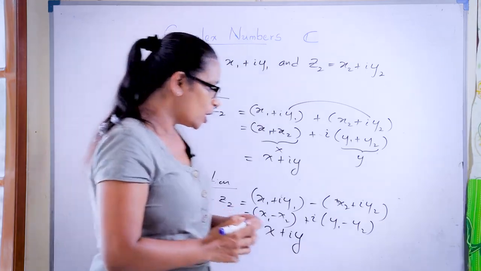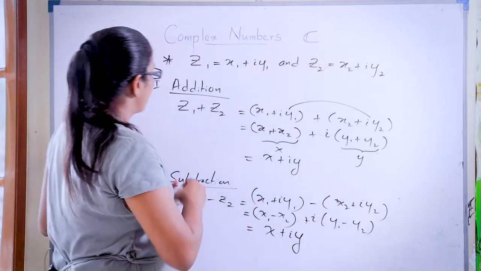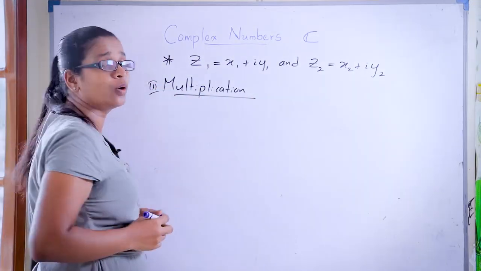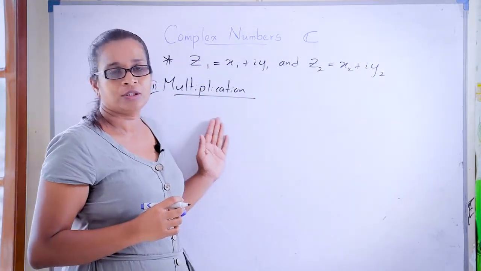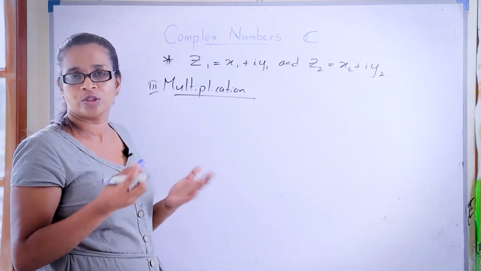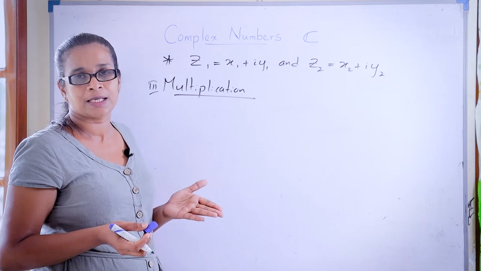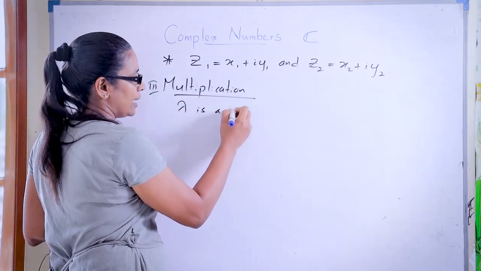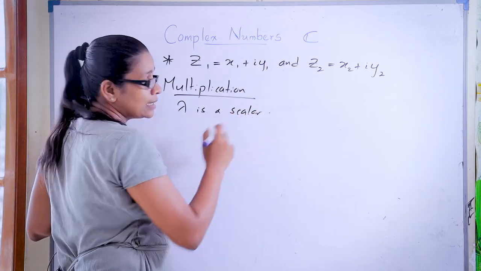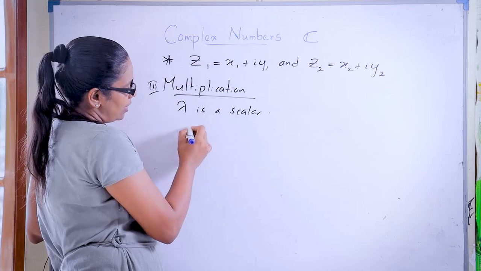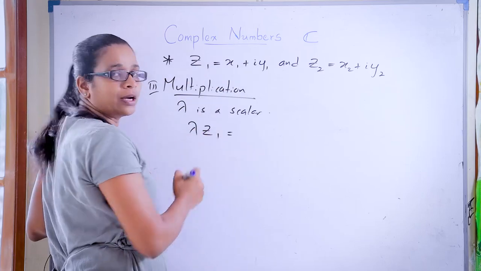Let's talk about how to do the multiplication. Here I would like to talk about multiplication by a scalar, and also how to do the multiplication of two complex numbers. So if you consider lambda is a scalar value, you need to multiply this z1 by lambda.